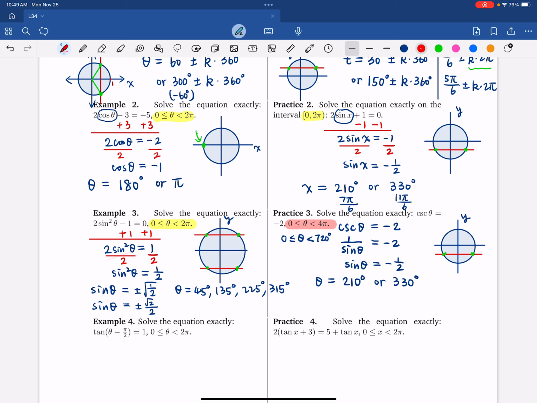To get the other two, we need to add 360 for each of them. And again, you're using the coterminal angles. So the other one will be 570. The other one is 690. So as you can see, we have 4 solutions in this case. A total of 1, 2, 3, 4.